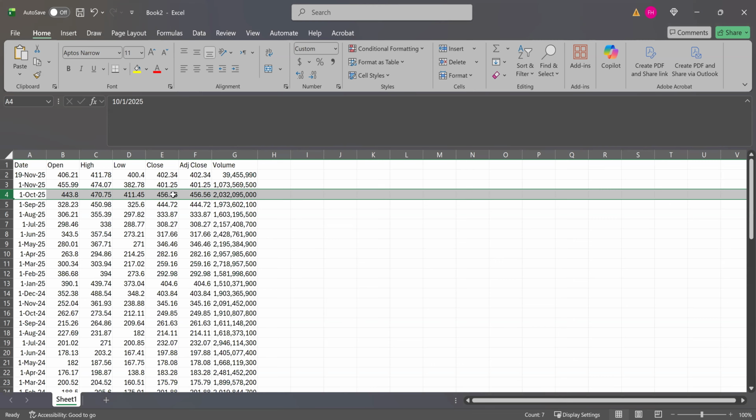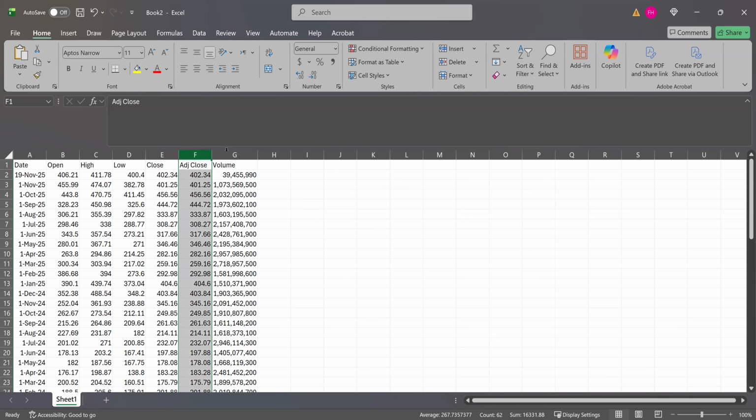At the end of the month, it was 456.56. And during the month of October, this was the range for Tesla. The lowest price, 411.45. The maximum price during that month was 470.75. Then you can see the adjusted close and the volume of trading.